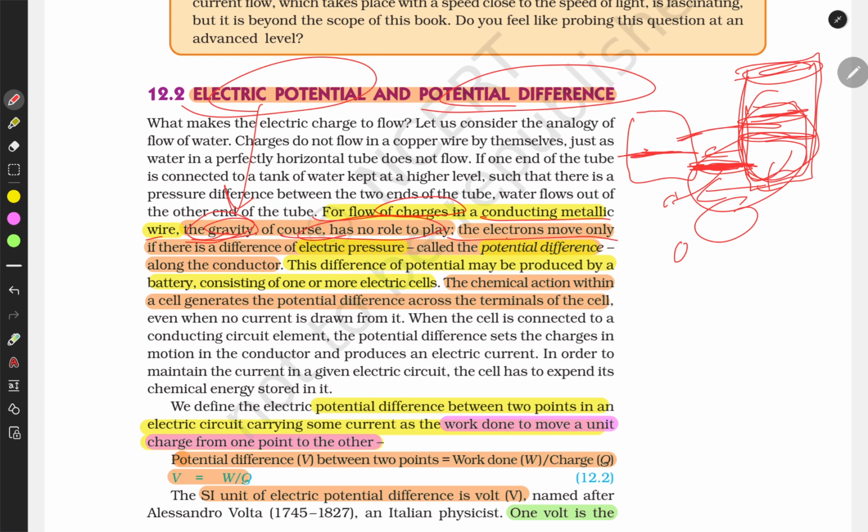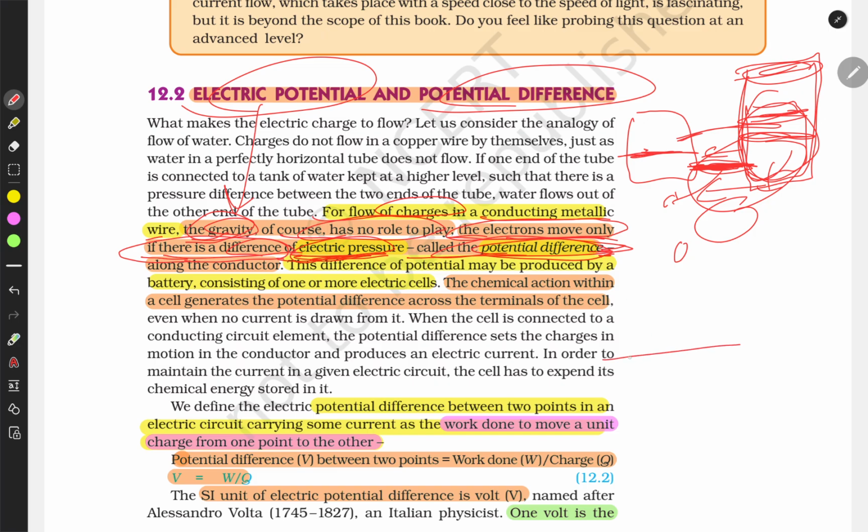The electrons move only when there is a difference in the electrical pressure. So electrons only move when there is a difference of electric pressure, and this electric pressure difference is called potential difference.